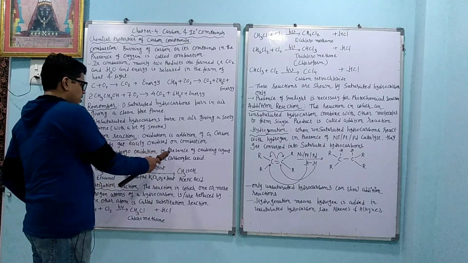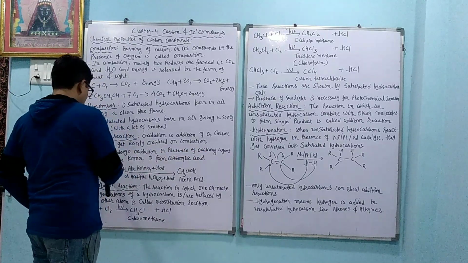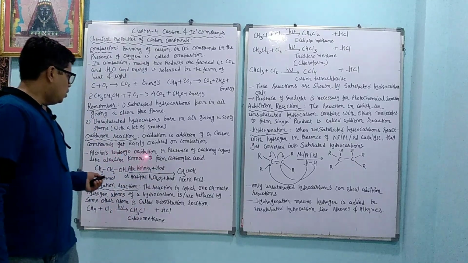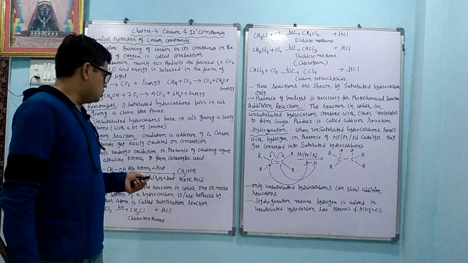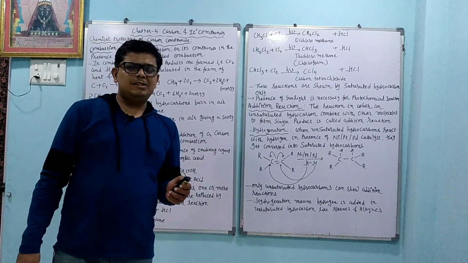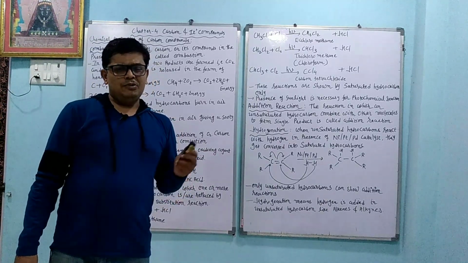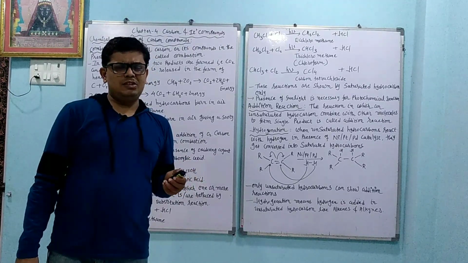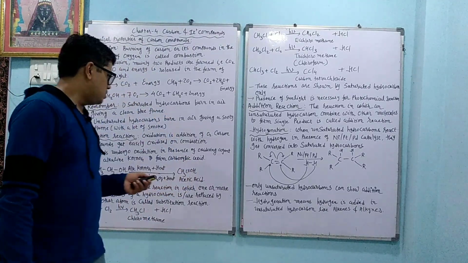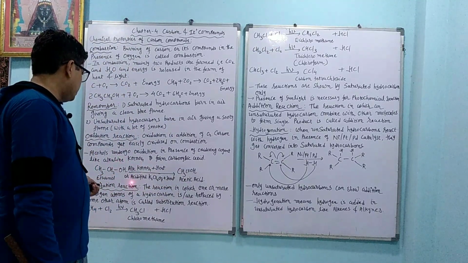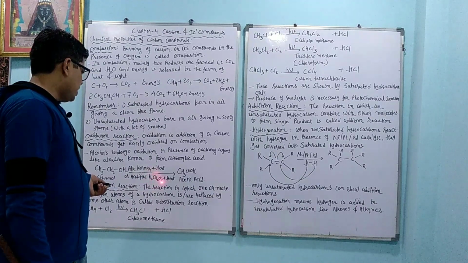Alcohol undergoes oxidation in the presence of an oxidizing agent like alkaline KMnO4 to form carboxylic acid. Dear student, an oxidizing agent means the substance which oxidizes others and itself is reduced. As oxidizing agent we use alkaline KMnO4 or acidified potassium dichromate.